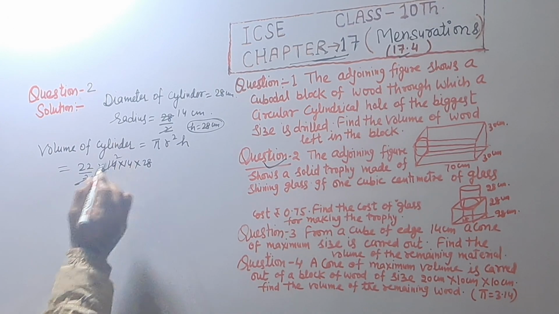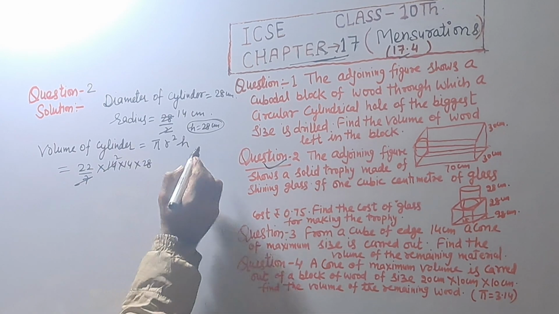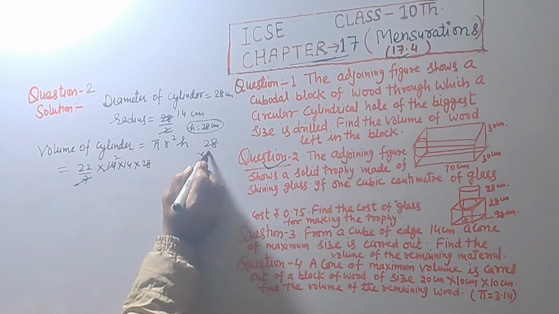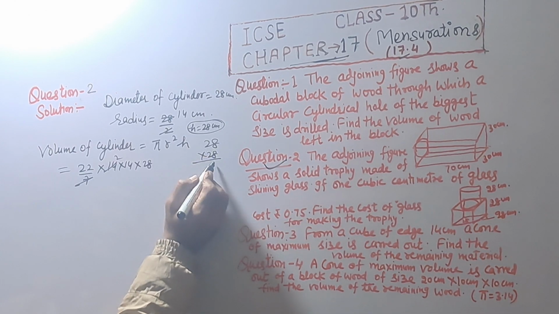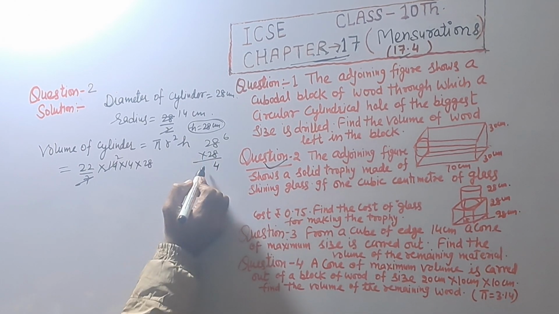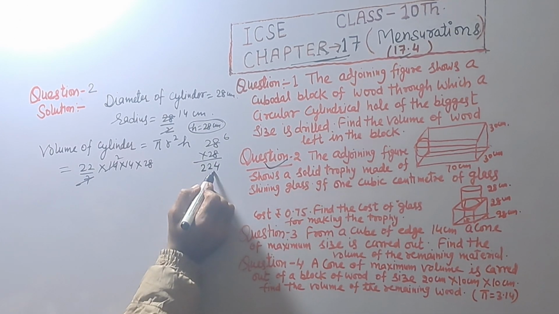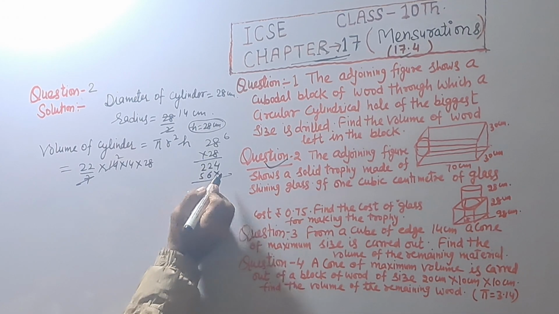This is cancelled by 2, and 28 into 28. 28 multiplied by 28: 8 8s are 64, 6 carry, 8 2s are 16 plus 6, 22. 8 2s are 16, 2 2s are 4 plus 1, 5.